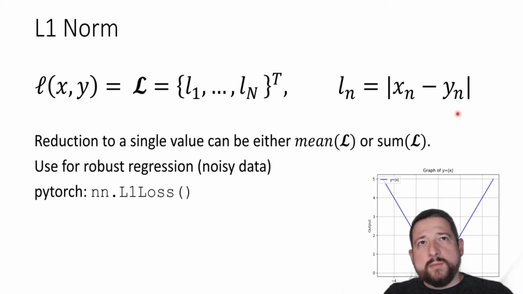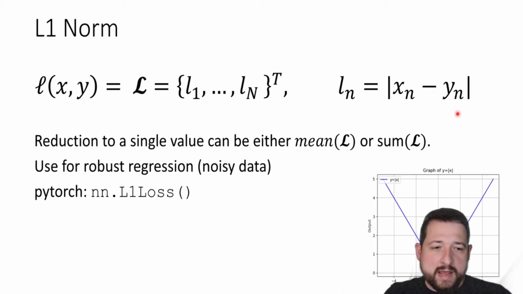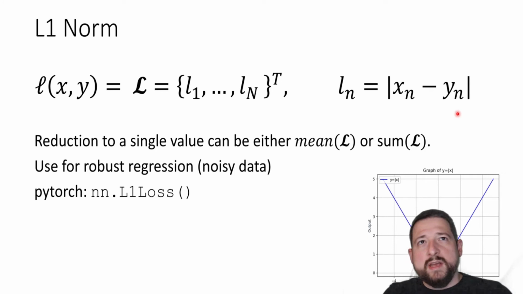So the L1 loss is basically, as I said, the absolute value of the differences between the current sample and the desired output. And this is most often used to allow robust regression. So that means that you want small errors to count a lot and large errors to count, but not as much as, for example, in an L2 norm.